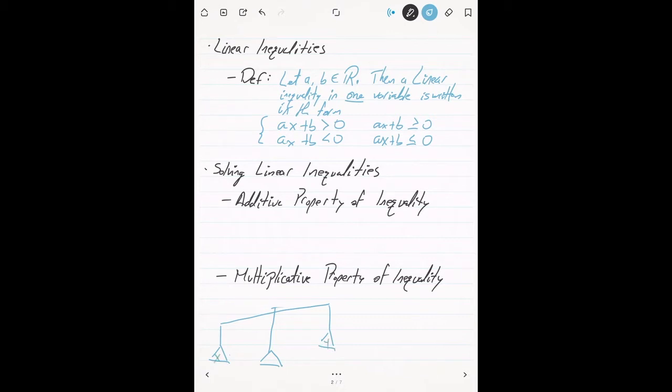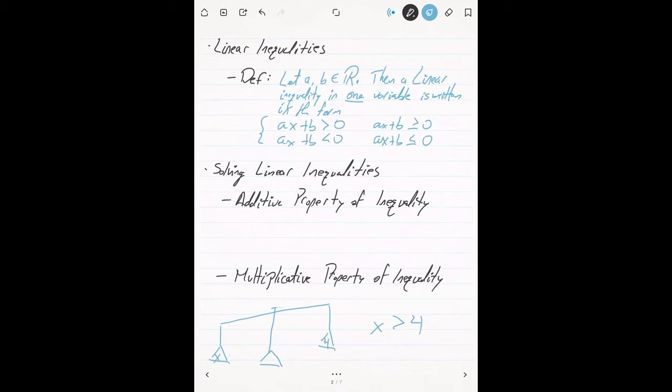Say this is x and this is 4. Now, they're not equal to each other. X is not 4. They're not the same thing. Instead, one is greater than the other. This side, if we're thinking in terms of a scale, is heavier than 4. So we would say x here has to be greater than 4.